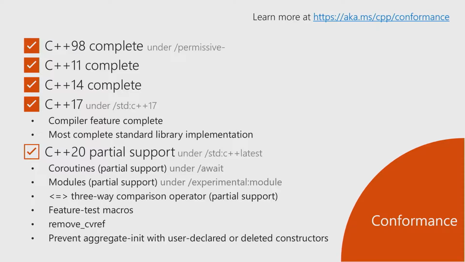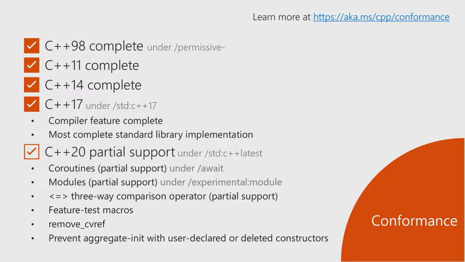We'll start with conformance, where the new compiler toolset builds on the success of the previous version and comes with full C++17 conformance in the compiler, as well as the most complete C++17 standard library implementation to date. But we didn't stop there, and currently the team is actively working on adding C++20 support.